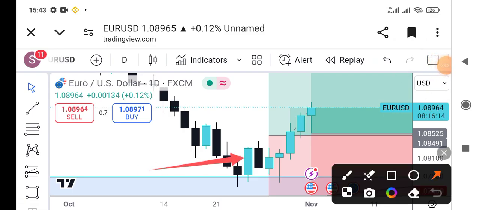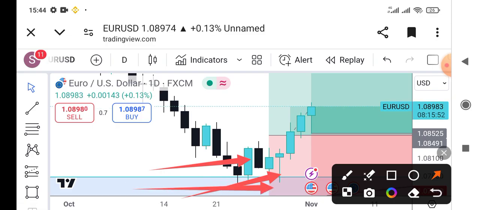This one is called bullish engulfing also, and then again we formed an inverted hammer. So that one tells you that there was liquidity here and people rejected the price lower than that section.